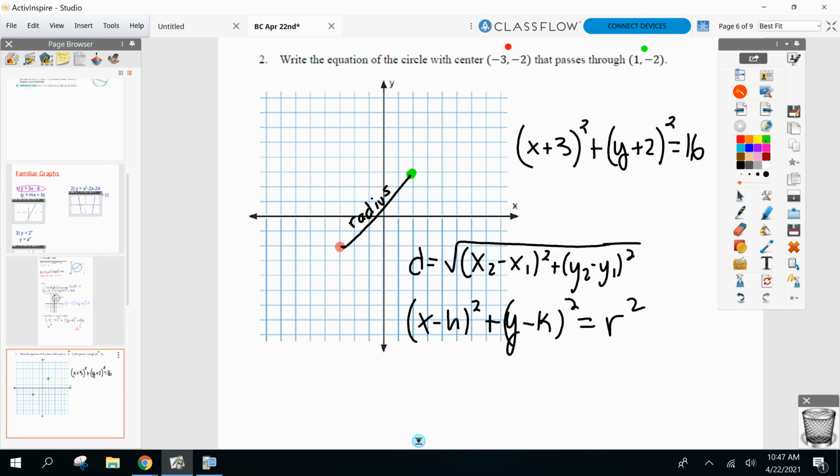If I asked you to solve for r, what would you have to do to r squared to get r by itself? Take the square root. Where do you think the circle formula comes from? Distance formula. It's the same thing.